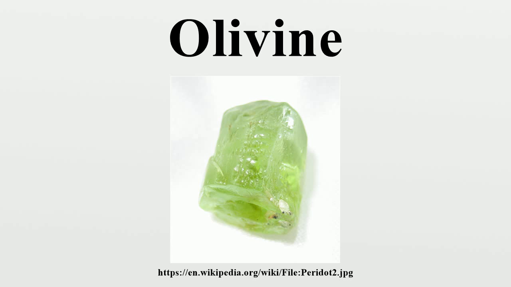At 800 degrees Celsius, the pure magnesium endmember, forsterite, transforms to wadsleyite at 11.8 gigapascals and to ringwoodite at pressures above 14 gigapascals. Increasing the iron content decreases the pressure of the phase transition and narrows the wadsleyite stability field.